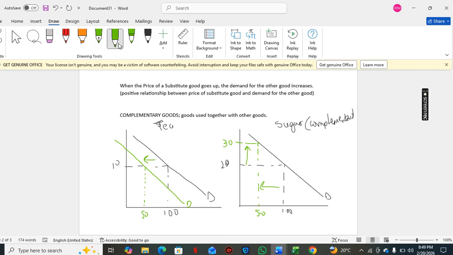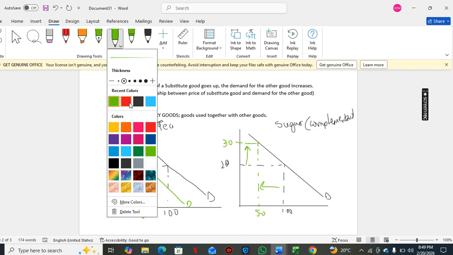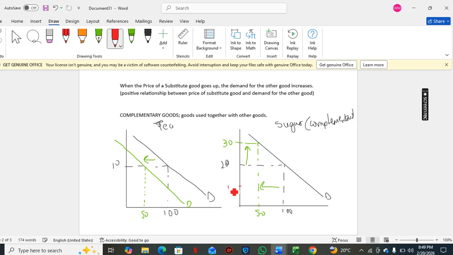If the price of sugar drops, let's start again at 20 kwacha, it drops to 10 kwacha, sugar becomes cheap. So people buy more sugar. So what happens to the demand for tea?